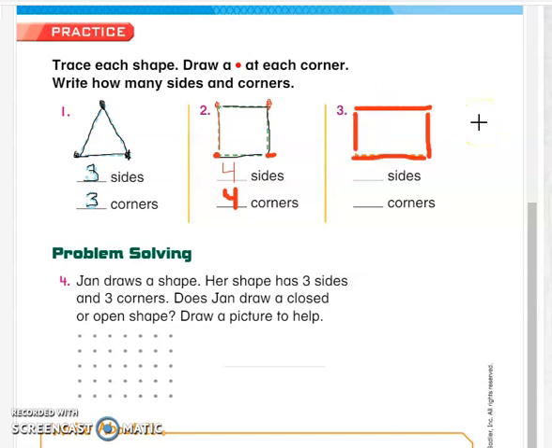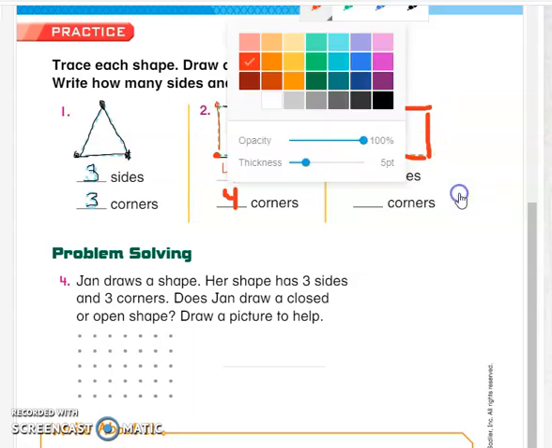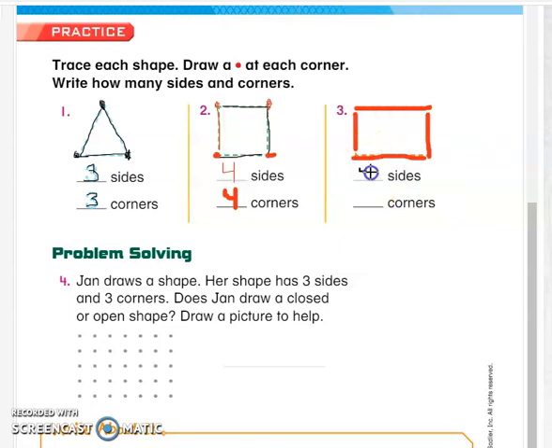Now, if I was doing this with a pencil, I wouldn't have these little spaces here, but my computer's a little tricky and it doesn't like that my sides are connecting, so it's not letting me connect my sides. So I hope that that's not too confusing for you guys, but you should be tracing the whole entire side with your pencil. So we know we have 1, 2, 3, 4 sides. So I'm going to write 4 again. I'm going to switch back to black and make it a little bit thinner and write 4 sides.